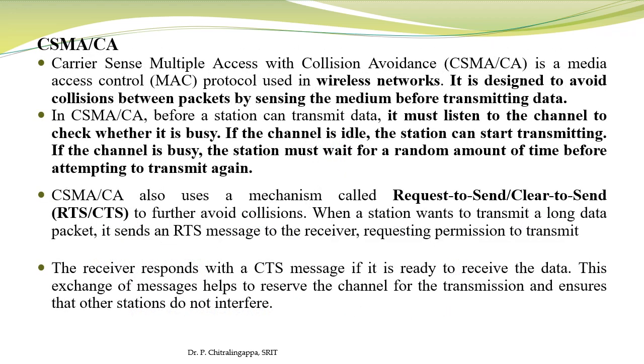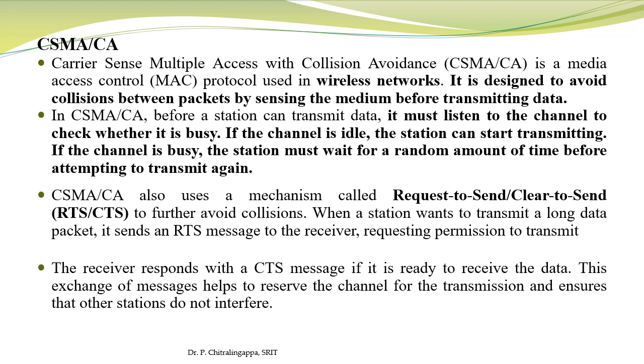CSMA/CA, carrier sense multiple access with collision avoidance protocol, is designed to avoid collisions between packets by sensing the medium before transmitting. It must listen to the channel to check whether it is busy. If the channel is idle, the station can start transmitting.